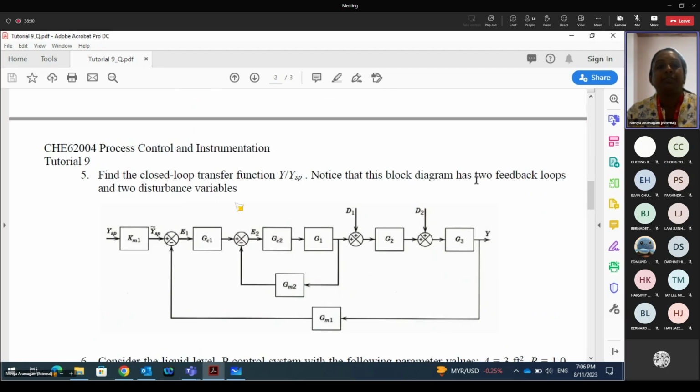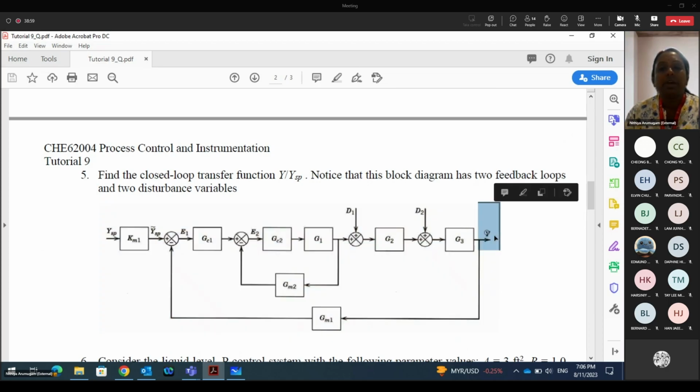Now, fifth question. Find the closed loop transfer function. It has to be in terms of the Y here and the YSP, the set point. Notice that this block diagram has two feedback loops and two disturbances.